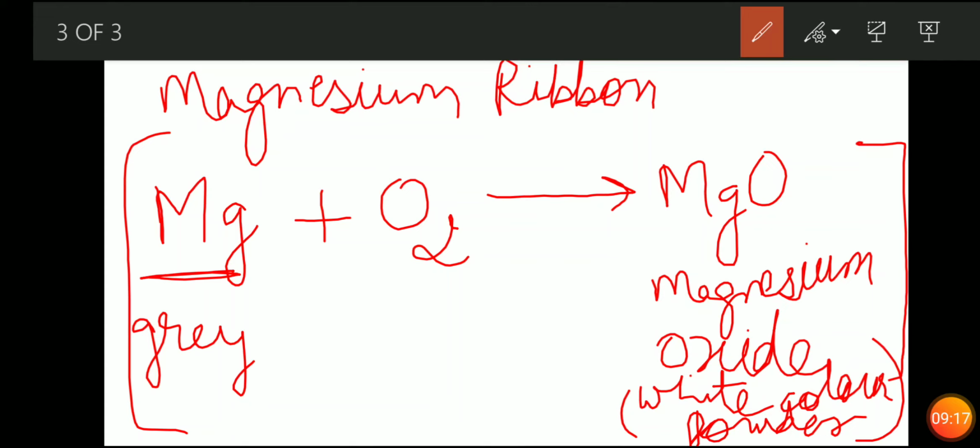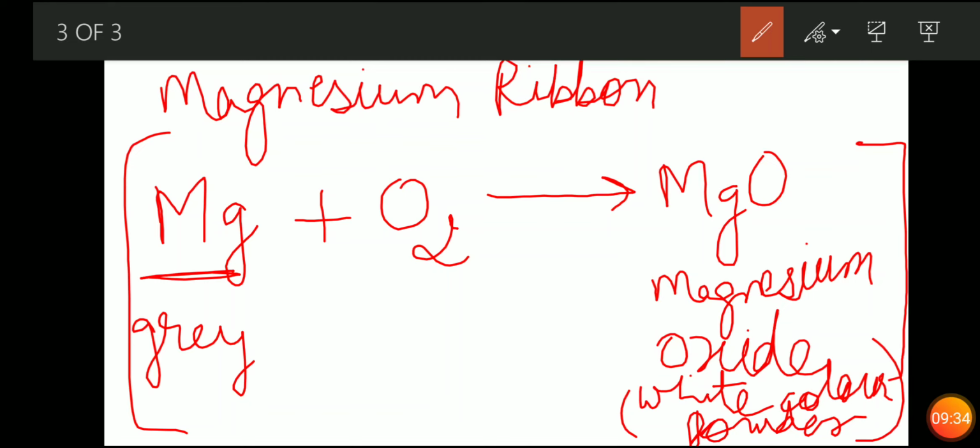Whenever the question is asked what happens when a magnesium ribbon is burnt, you will explain that when a magnesium ribbon is burned in the presence of oxygen, it will form magnesium oxide. The grey color magnesium ribbon converts to white color powder, that is magnesium oxide.